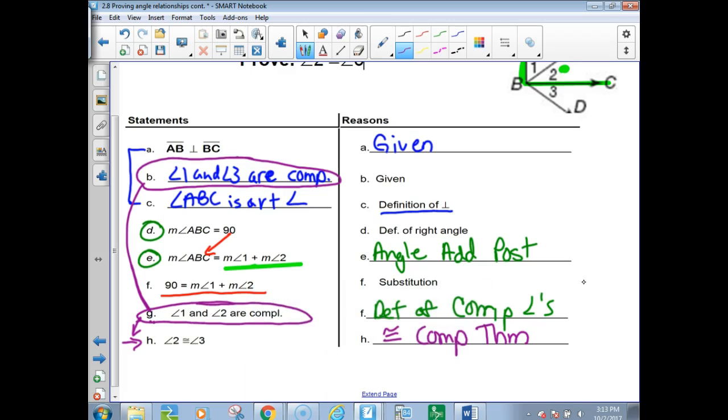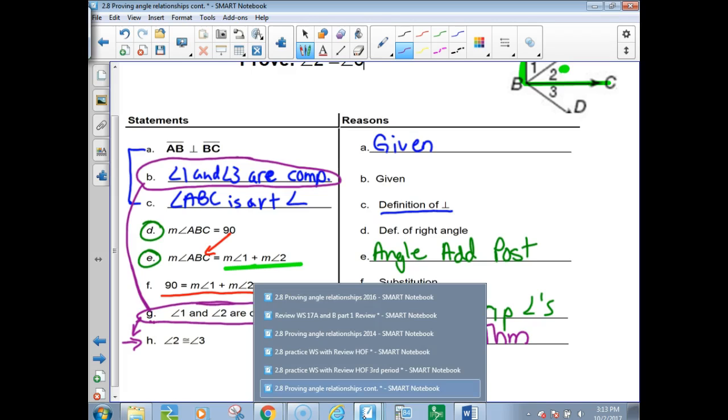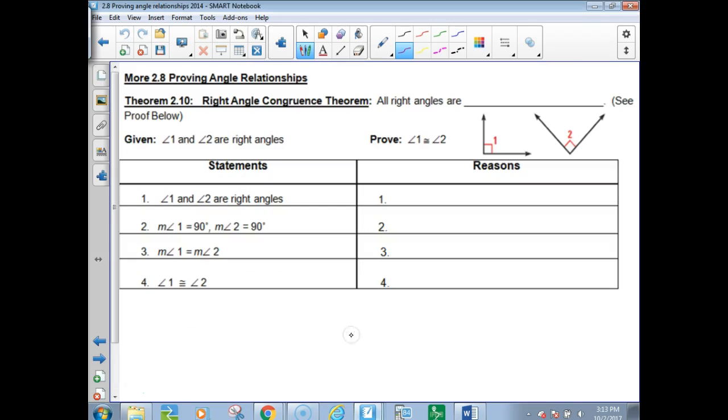Oops, he's still looking at that just a minute. Okay, thank you. That's not it. We want this. Nope, that's not it.